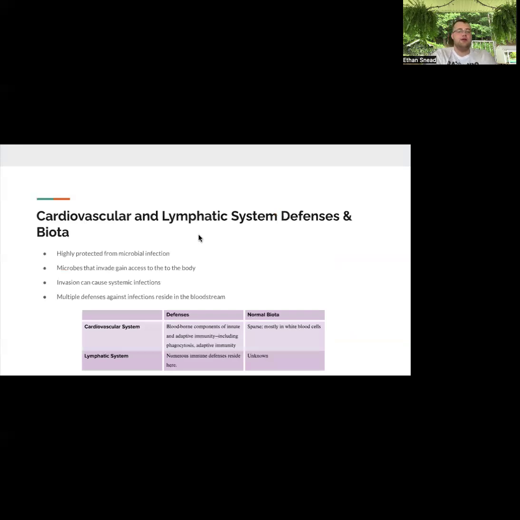Next, we have the cardiovascular and lymphatic system defenses and the biota. The cardiovascular and lymphatic systems are highly protected from microorganisms and microbial infection. The microbes that successfully invade these two systems gain access to almost every part of our bodies, and that means any system can be affected by what is affected in the cardiovascular and lymphatic systems.